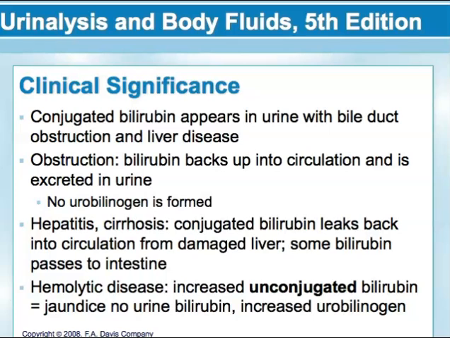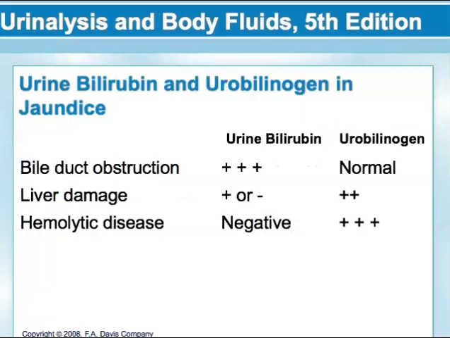So using the bilirubin results in combination with the urine urobilinogen results can help even more in determining the cause of jaundice. And there's a table in your book, and it's also in the PowerPoint here, just a little bit farther down.